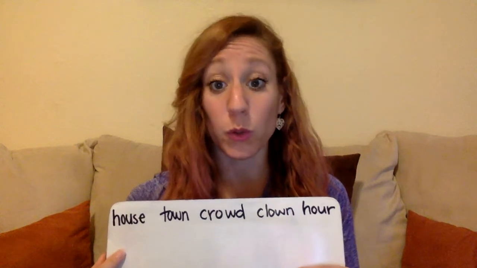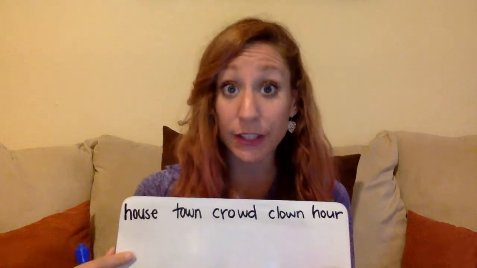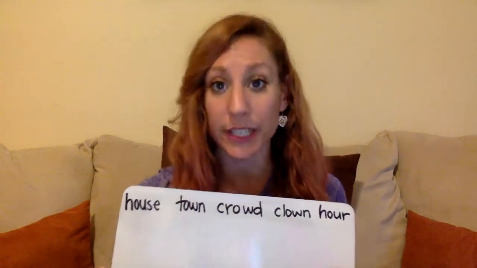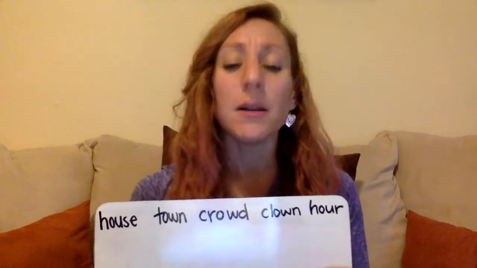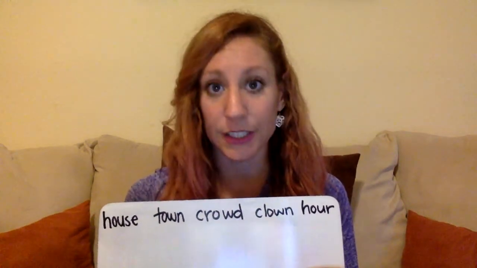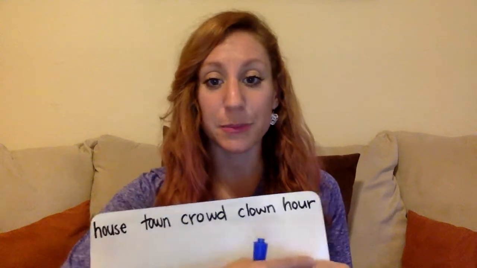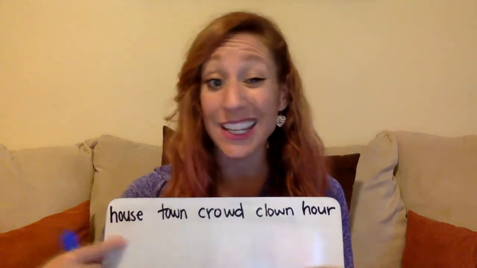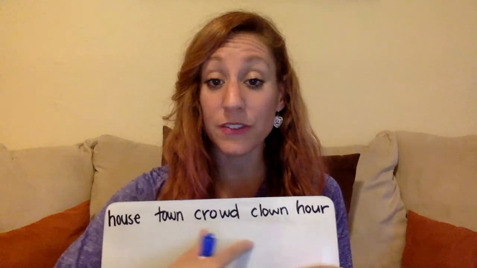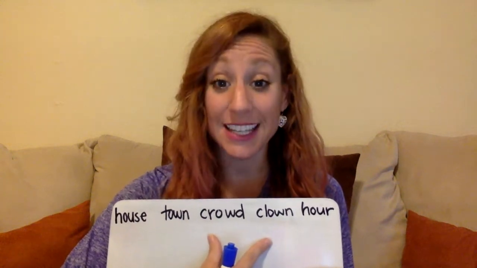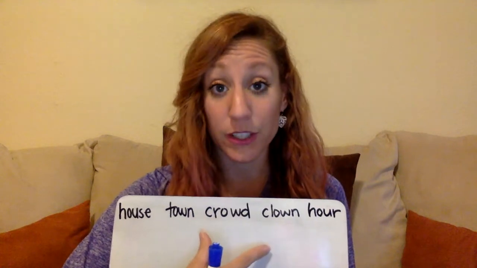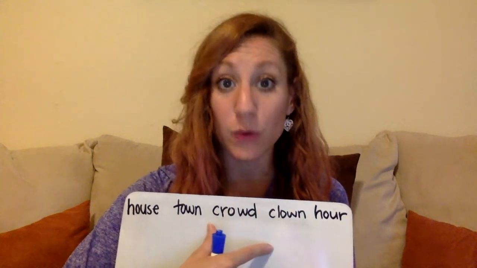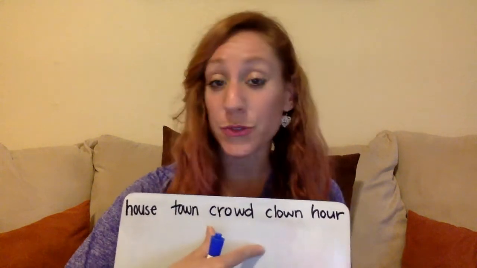When we do alphabetical order, we look at the first letter first. Now, I made this one a little bit tricky, so we'd have to go past the first letter. But we always start with the first letter. So the first letter in the alphabet that I see here, if we go A, no words start with A, B, C. We have two words that start with C, crowd and clown. So which one goes first?